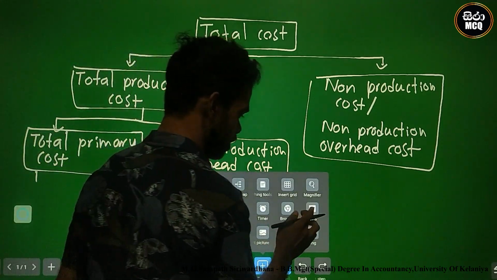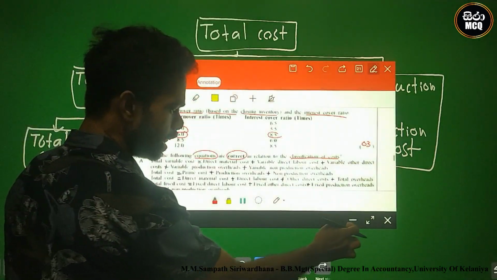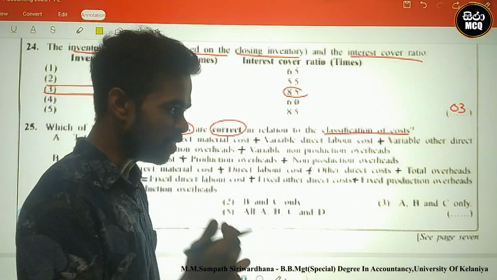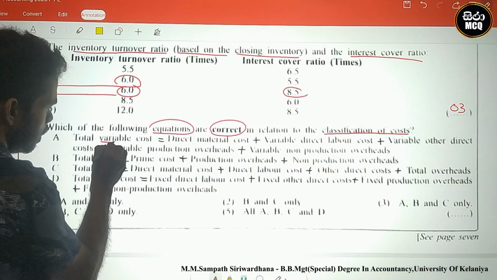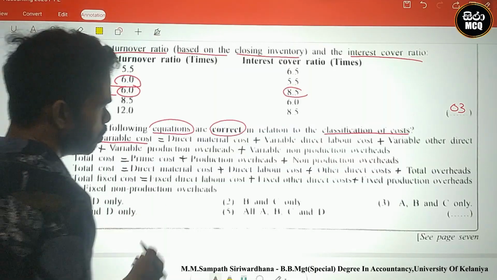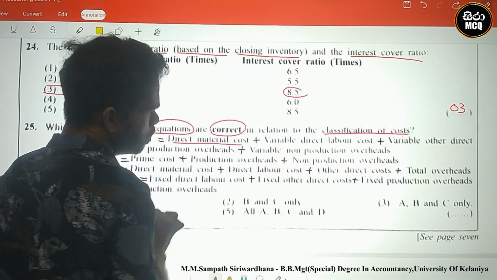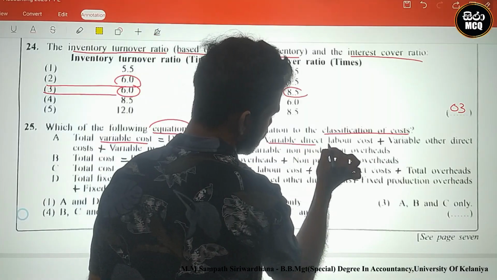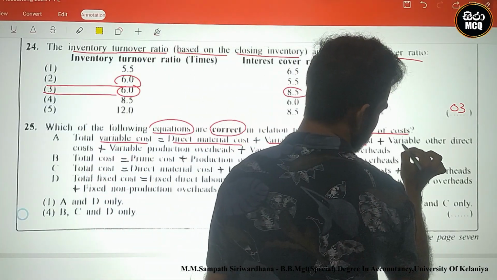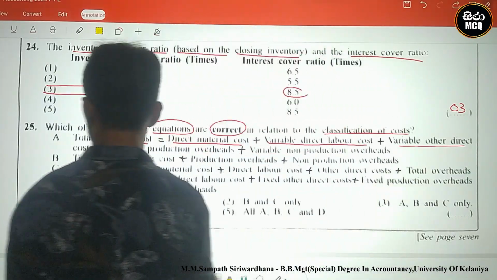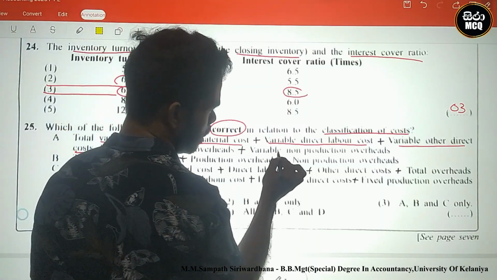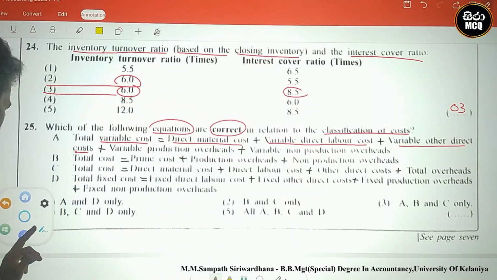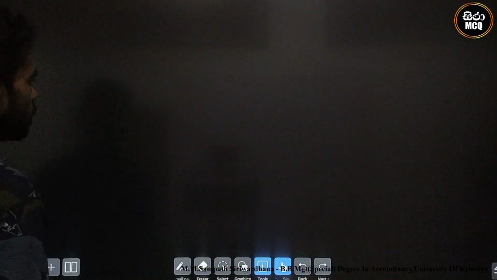Okay, let's see the question. We must identify the correct equations of the categorization. Look here, is total variable cost equal to direct material cost, variable direct labor cost, variable other direct cost, variable production overhead, and variable non-production overhead? We must categorize again.